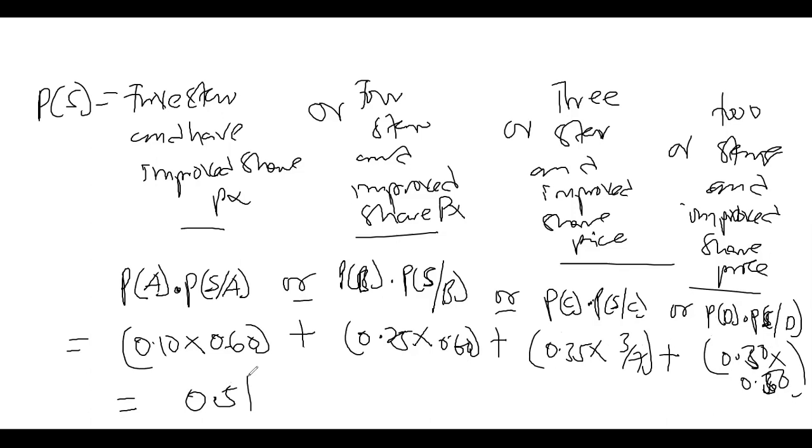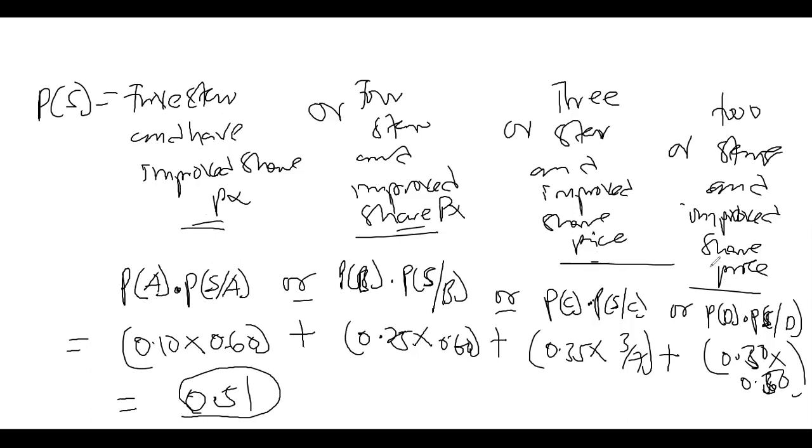You should get 0.51. Now the question says that he wants to invest in a firm that has improved its share price. What is the probability that it's a 3-star firm? So here, this 0.51 is the probability that it has improved its share price. So these are all possible outcomes, whether it's a 5-star, 4-star, 3-star, or 2-star.